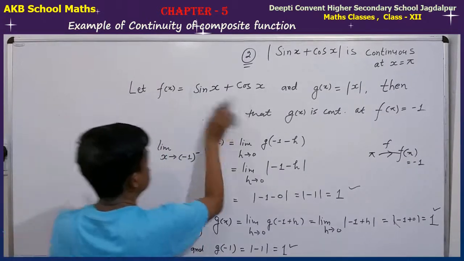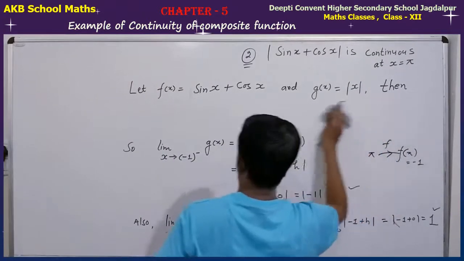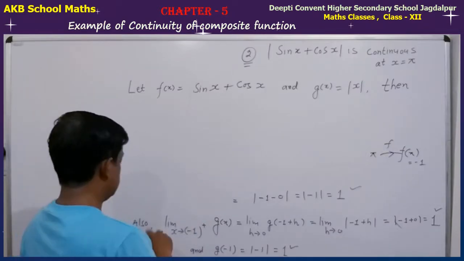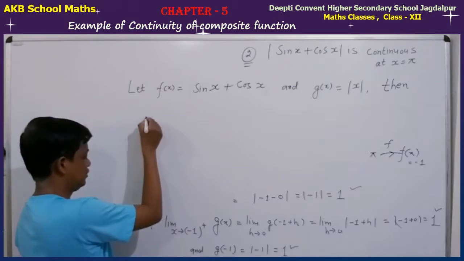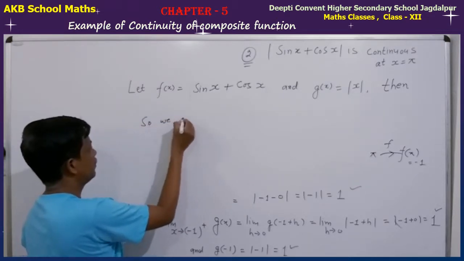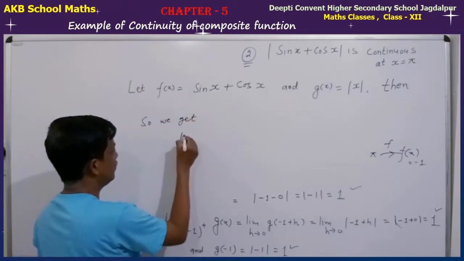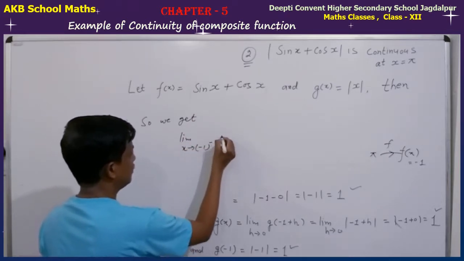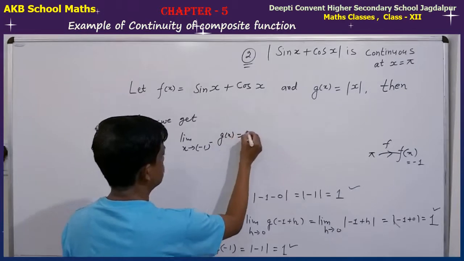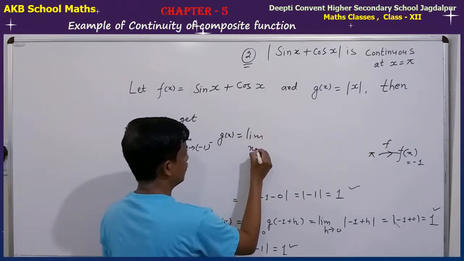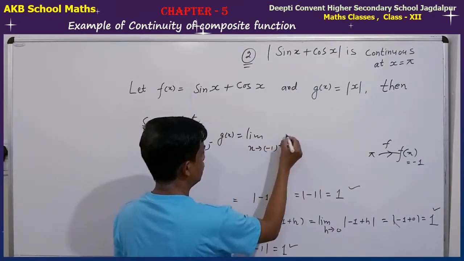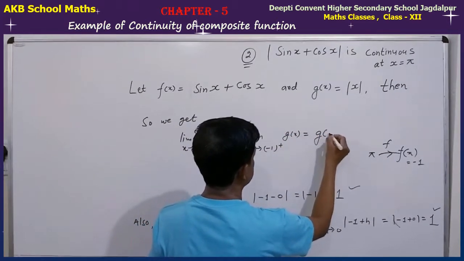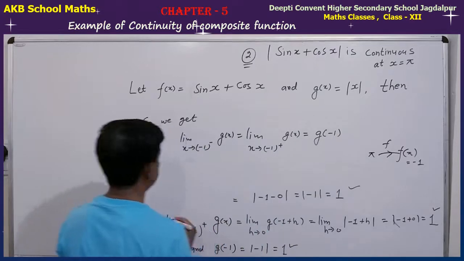We can write like this: left hand limit of g(x) equals right hand limit of g(x) equals value of the function at -1.